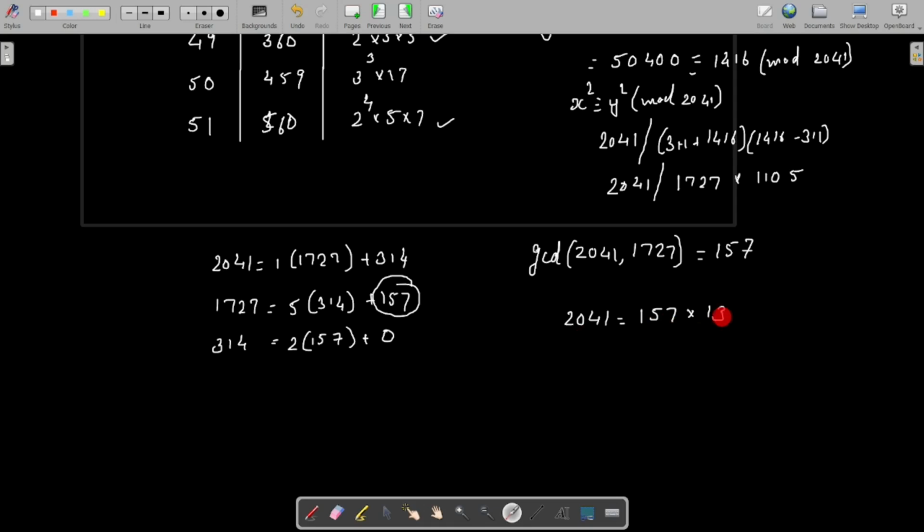These two are prime numbers. And if you find the GCD of 2041 and 1105, you will get 13. And then you divide 2041, you will get 157. So it is enough to find the GCD of 2041 with any of these numbers to find one factor of 2041. Then you can find the other factor. So this is a method of factorizing a number using the Fermat Kraitchik algorithm.